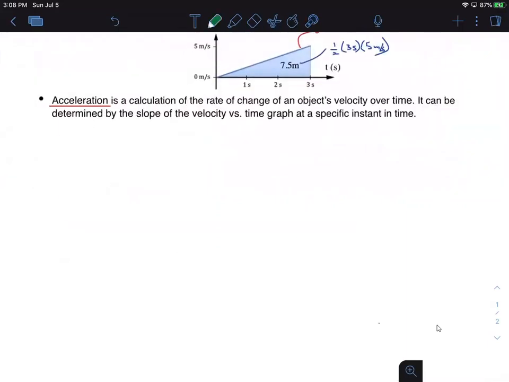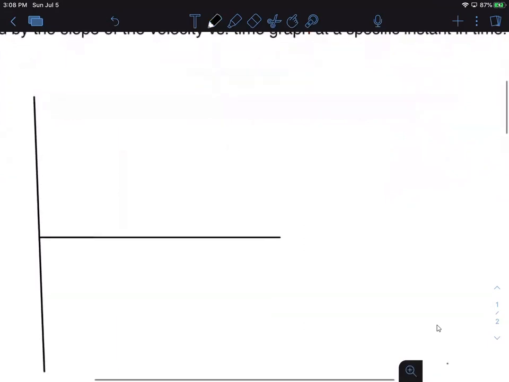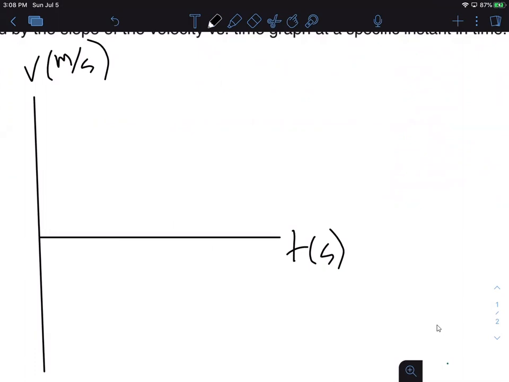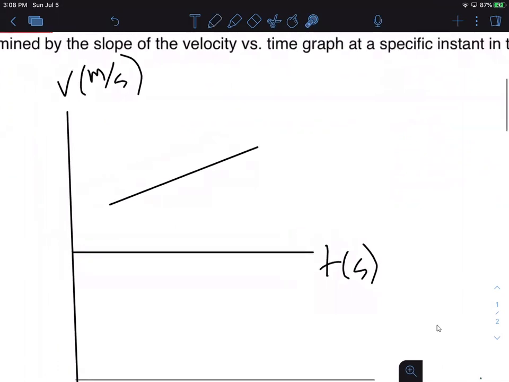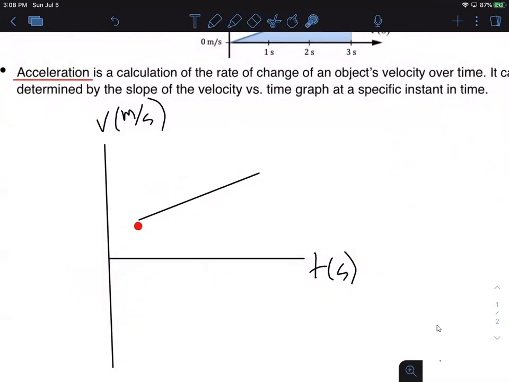I'm going to start by just drawing a velocity versus time graph to work with. So we've got time, we'll say in seconds, velocity in meters per second, and I'll just draw a line here. Note, here I'm drawing an object starting with a positive velocity and accelerating positively, so it's getting faster.